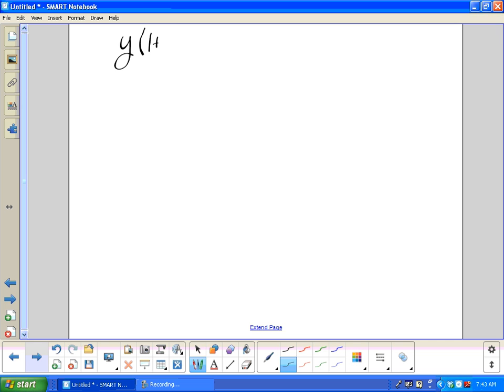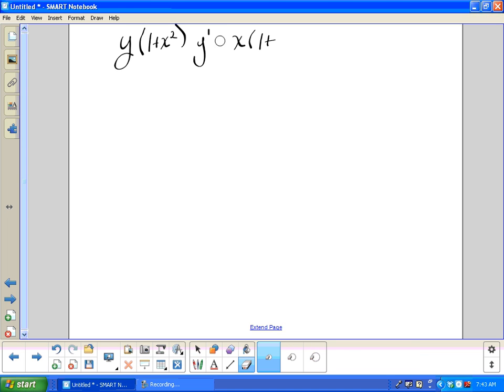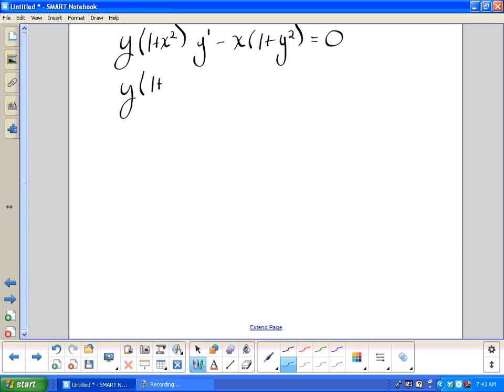Y times 1 plus x squared y prime is equal to x times 1 plus, oh sorry, this should be a minus in the middle, y squared is equal to 0. So let's start by replacing y prime with dy dx.